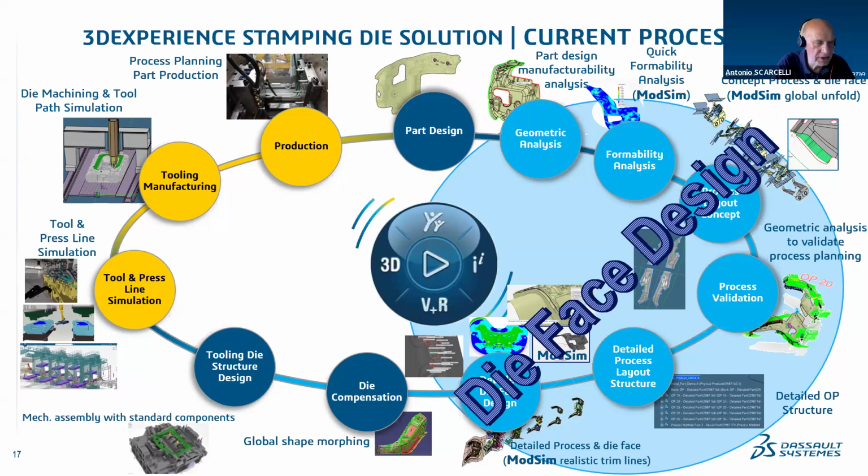Yeah, I was explaining a little bit. We know that in this process, quite every morning, the die designer and the tooling designer are receiving a new revision of the part, because they need to start very early in the process to design the die face and the tooling.